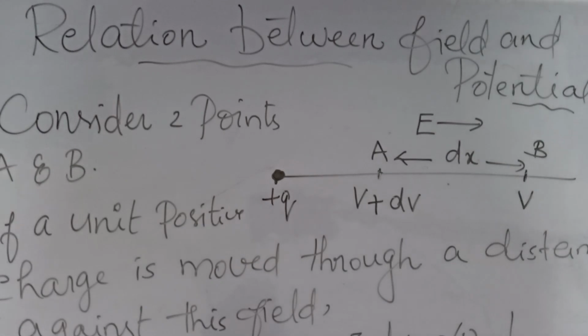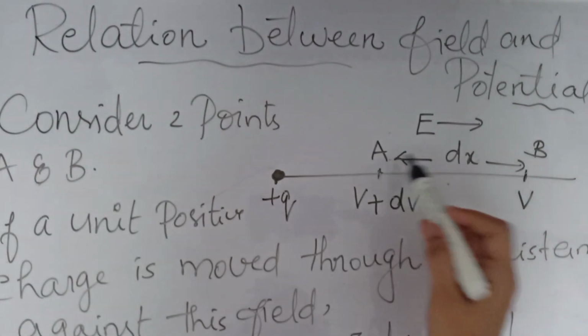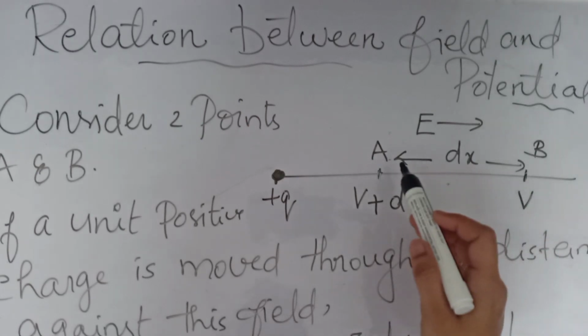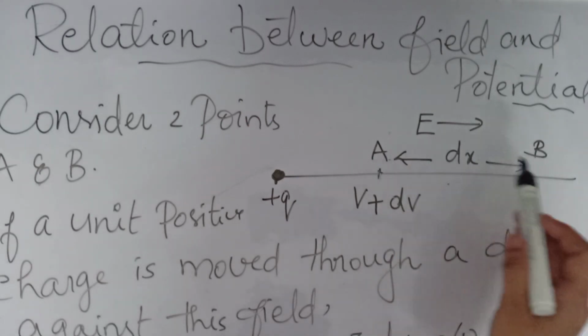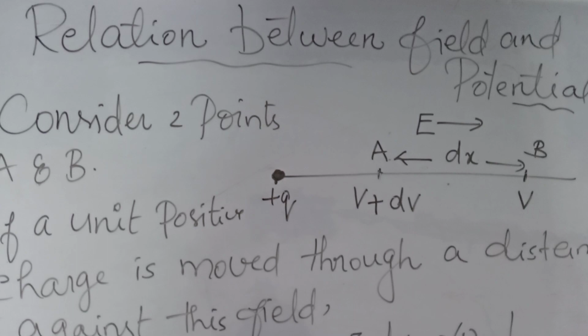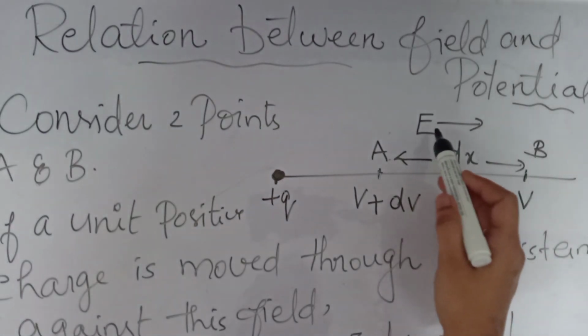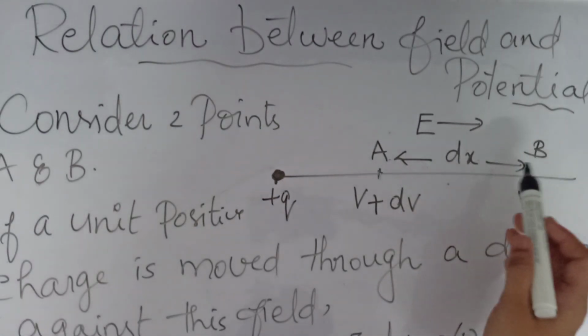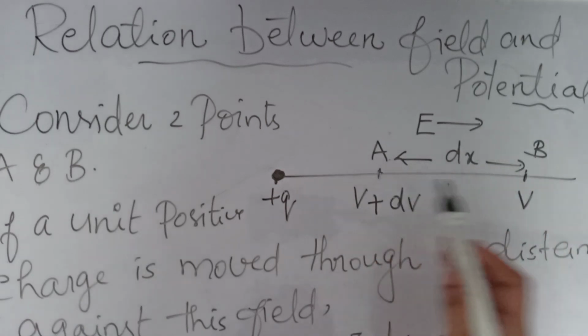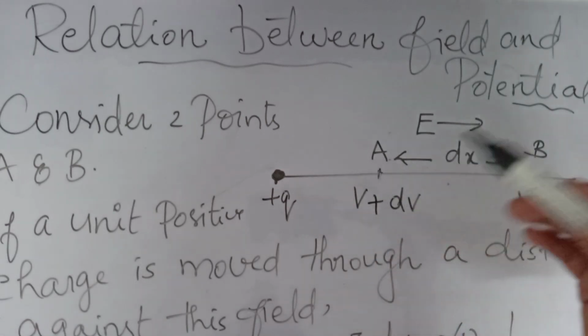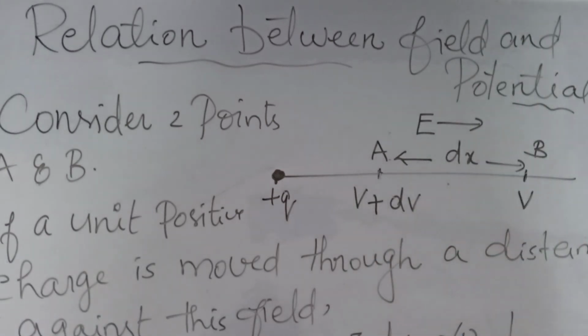Now we can move a unit positive charge through this distance, right? For moving a unit positive charge from A to B, what do we have to do? Because the electric field is in this direction and dx is in the opposite direction, we have to do work against the field, right?